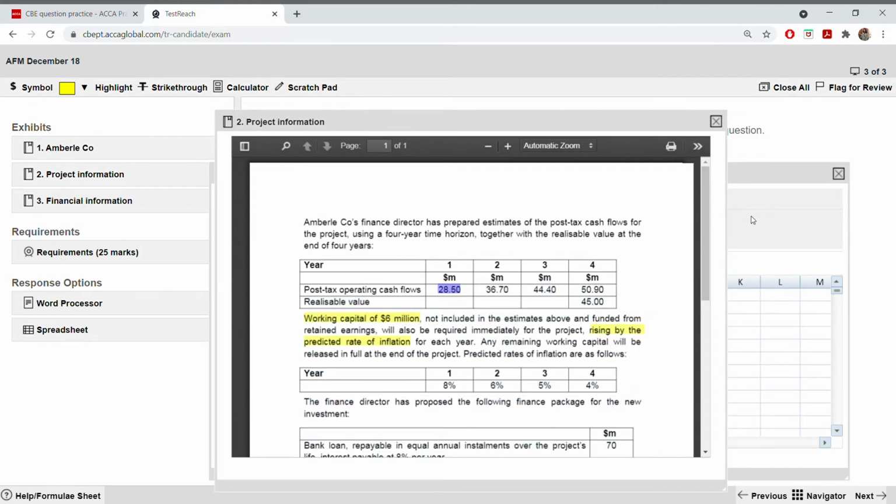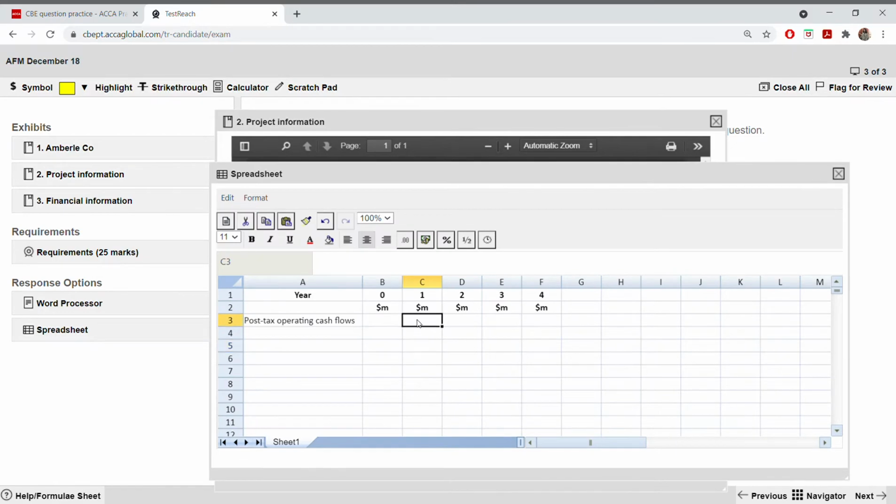We take it one by one. It's better that I write it. 28.5, 36.7, 44.4 and 50.9, exactly from the table.